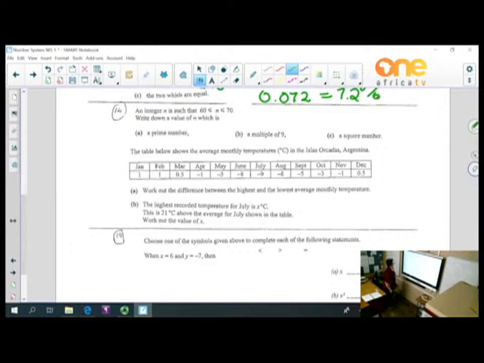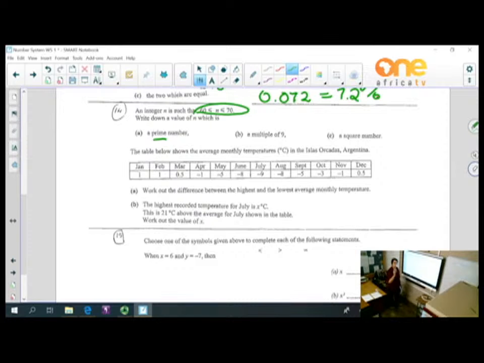Right, question 14. An integer n is such that it lies between 60 and 70. Look, there's a limit. You must the whole time think of those numbers. Now we need to find a number which is prime in that list. What is a prime number? A prime number is only divisible by 1 and itself. 1 is not prime. 2 is the only even prime number.